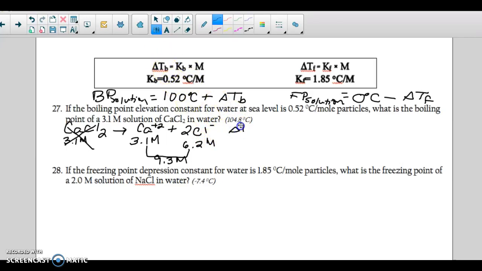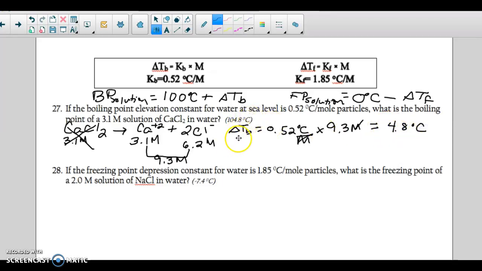Delta TB is going to equal the Kb, which is 0.52 Celsius per molarity, times the molarity of the particles in the solution, so times 9.3 molarity. Then I get a change in boiling temperature of 4.8 degrees Celsius.